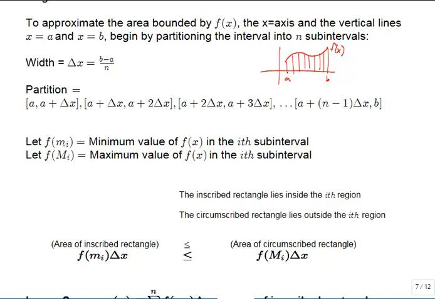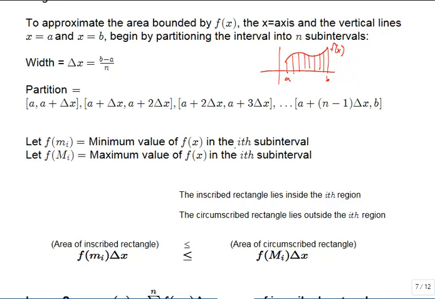Now f of little m sub i is going to be the minimum value of the function on the i-th subinterval. So whichever point on that interval gives you the least height at all. That's what this is. So whatever the minimum y value is on that particular subinterval. f of capital M sub i is going to be whatever the maximum value of the function is on that i-th subinterval.